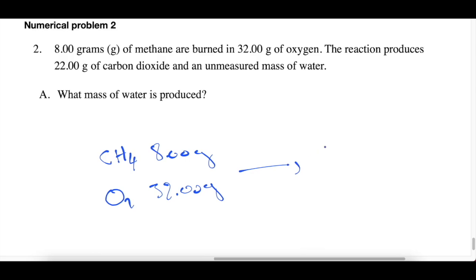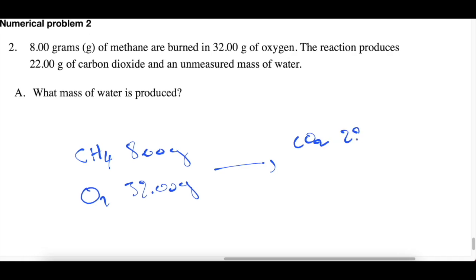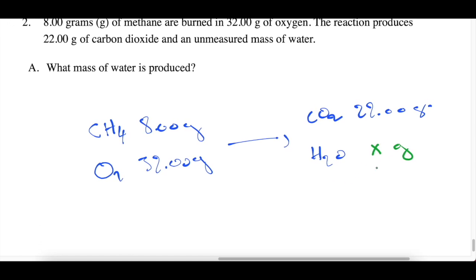They react to produce carbon dioxide with a mass of 22.00 grams and water. Water is unmeasured, so we'll call it X grams. We have to find this mass.